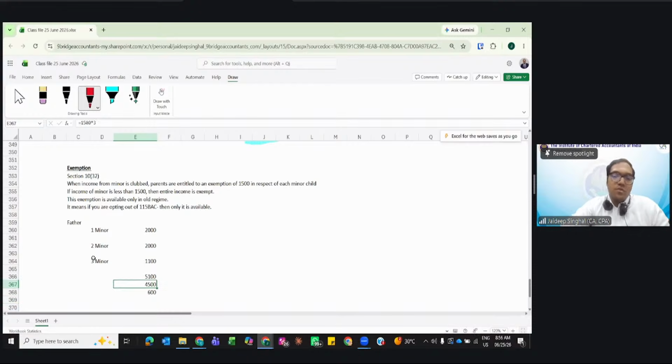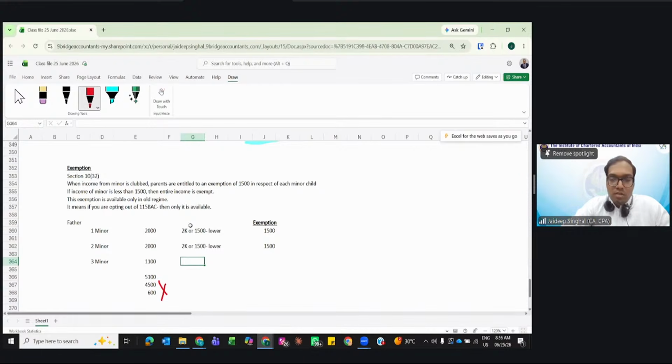The answer is no. You will not do it like this. You will see it for each child's exemption. 2,000 rupees or 1,500, whichever is lower. The exemption would be 1,500. Second minor child, 2,000 or 1,500, whichever is lower, 1,500.